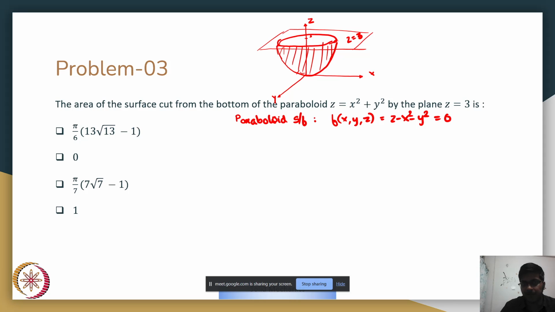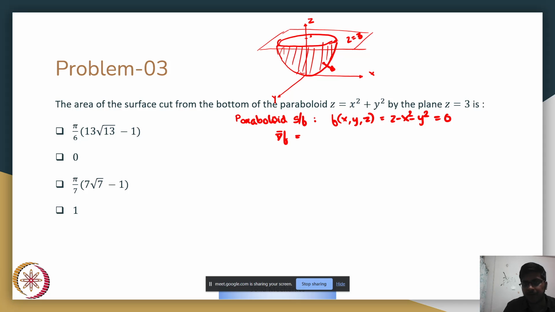So this gives us the equation of the paraboloid surface, and we then look at the normal to this particular surface at any other point. This is an oriented surface, so it can have both the inward and outward normal. In this particular case, we are looking at the outward normal.